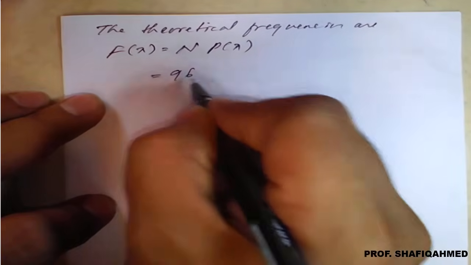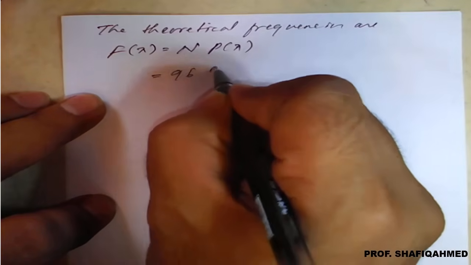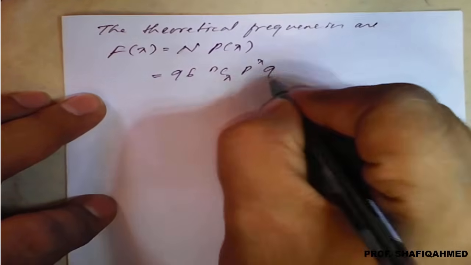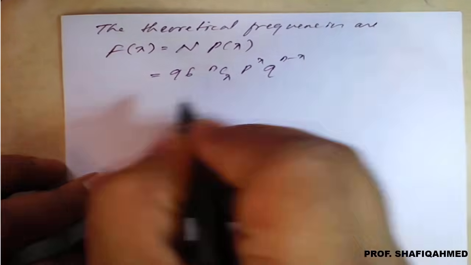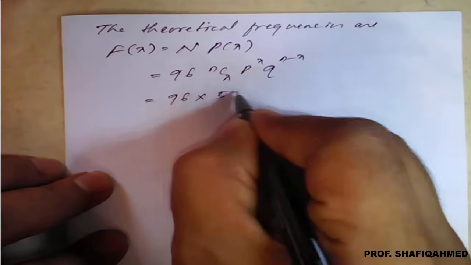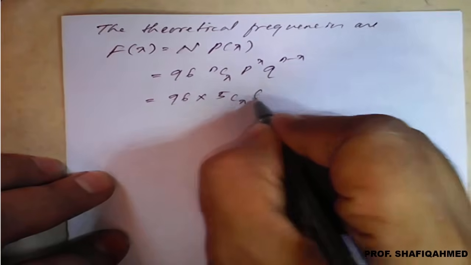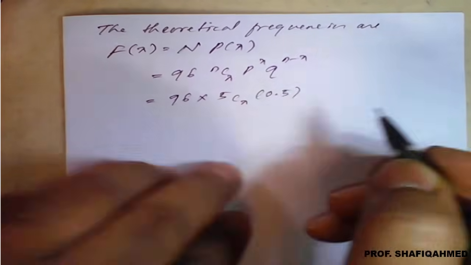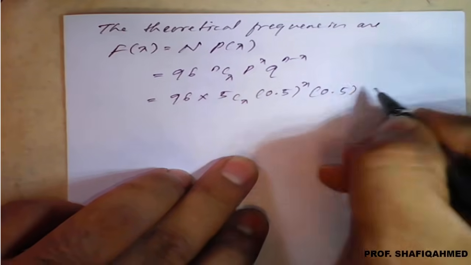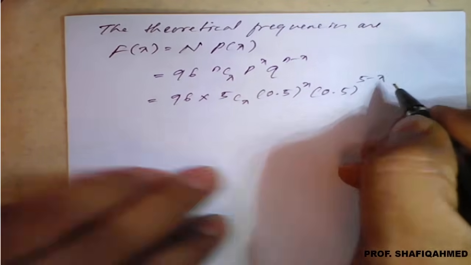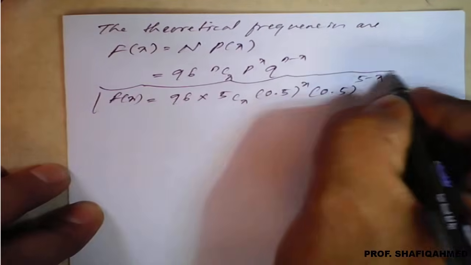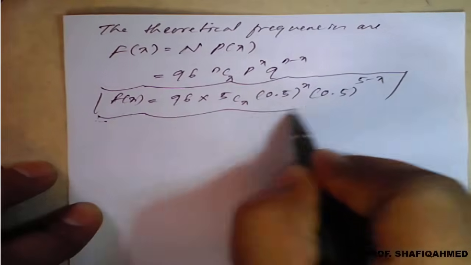N is 96, P of x is nCx, P raised to x, Q raised to n minus x, which is nothing but 96 into 5Cx, P is 1 by 2, which we take as 0.5 raised to x, Q is again 1 by 2, which is 0.5 raised to 5 minus x. So we'll use this formula to find the theoretical values.